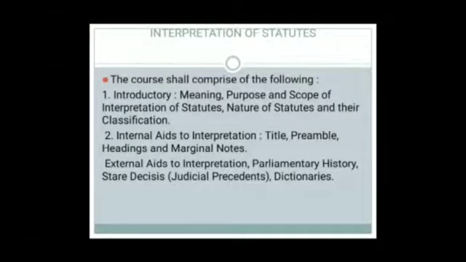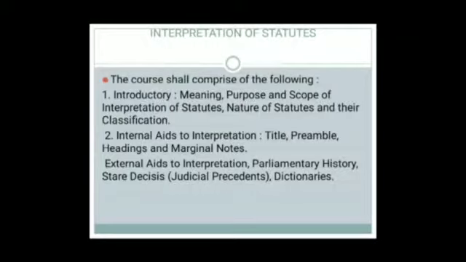That is, what all are the internal helps to interpretation. Then the third unit will be the internal and external aids to interpretation. External aids are parliamentary history, stare decisis, judicial precedents, dictionaries, and so on. Interpretation of what? Of statutes, right?